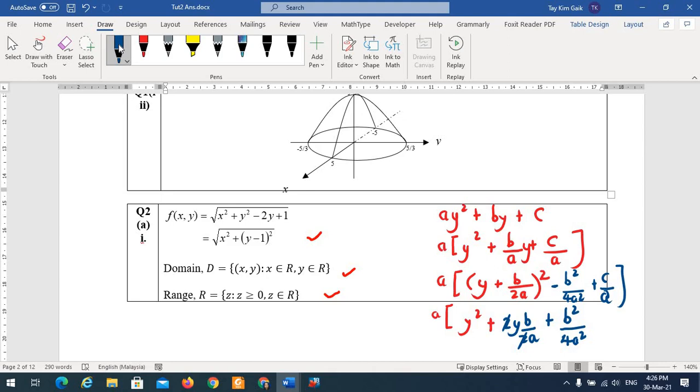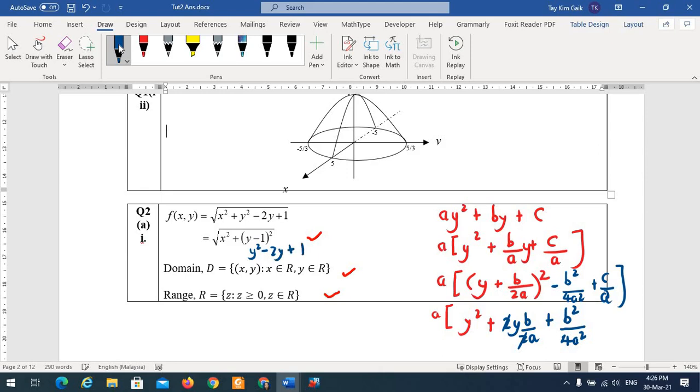Okay, this one is the easiest. y squared is already 1y squared, so you don't need to factor out a like here. So you just open bracket, y. This is minus 2y, so divide by half, so minus 1. Close it, and then square it. When you expand back, you get y squared minus 2y plus 1.